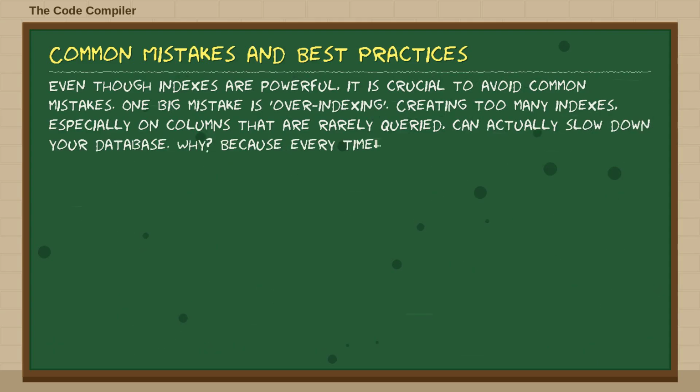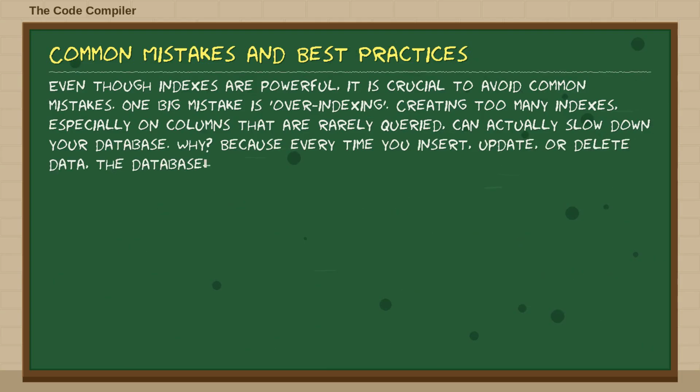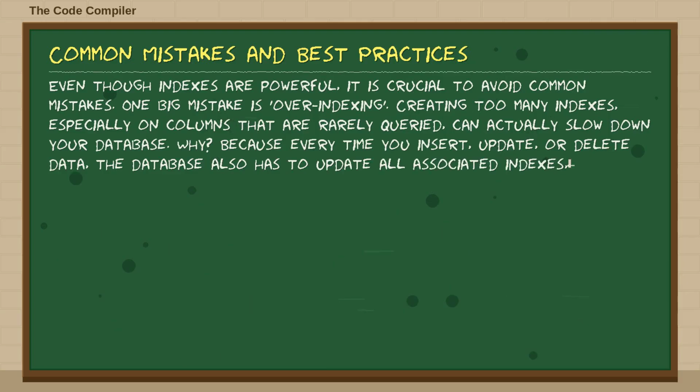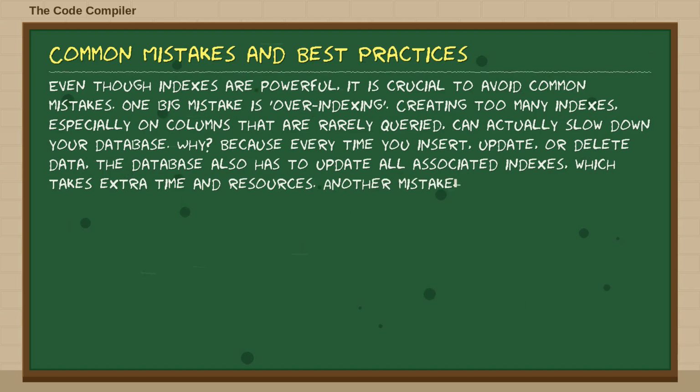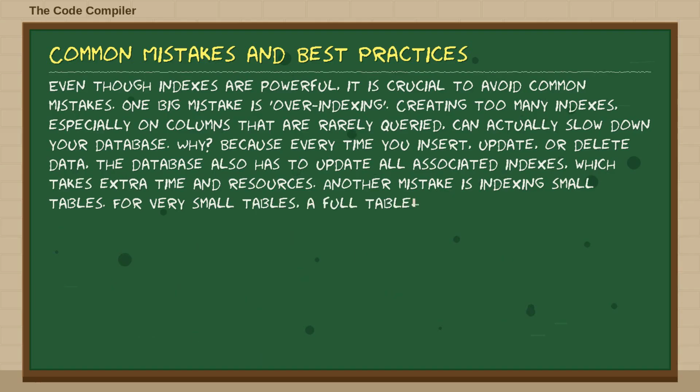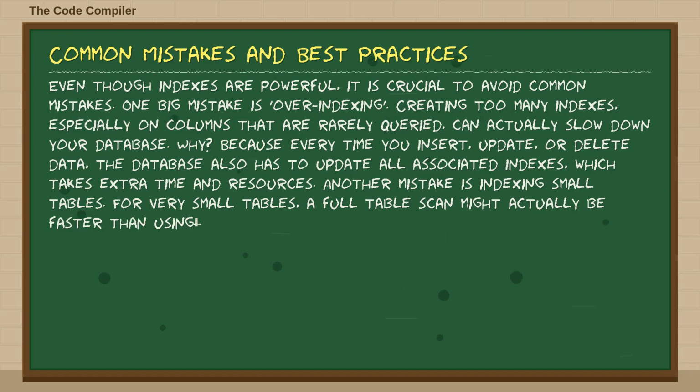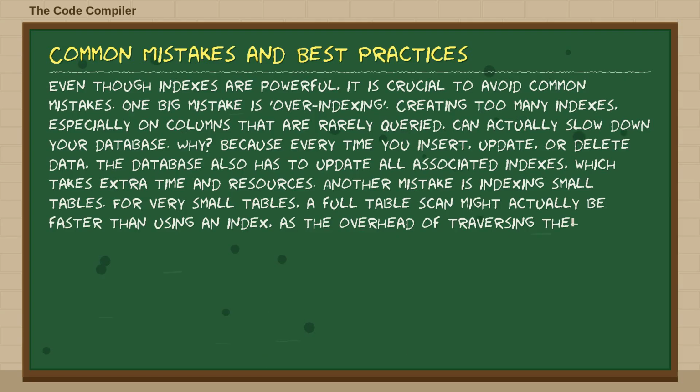Because every time you insert, update, or delete data, the database also has to update all associated indexes, which takes extra time and resources. Another mistake is indexing small tables. For very small tables, a full table scan might actually be faster than using an index, as the overhead of traversing the index outweighs the benefits.